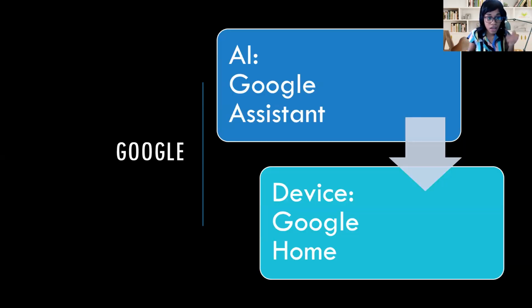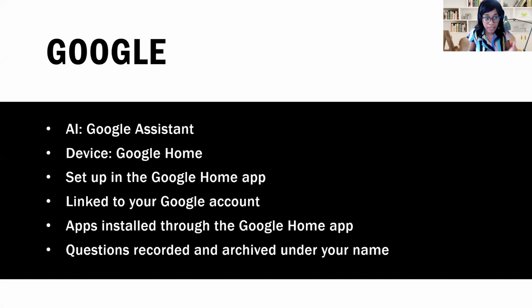And again, Google's AI, the Google Assistant, is inside of the Google Home devices, powering those interactions. That's who you're talking to. And it is set up in the Google Home app. Google has the Google Home Mini, the Google Home, and the Google Home Max.